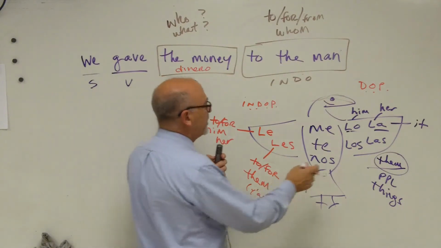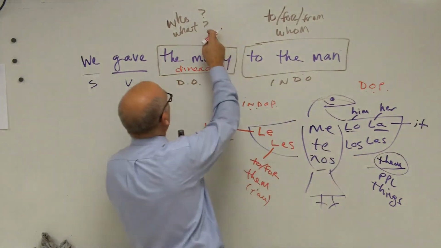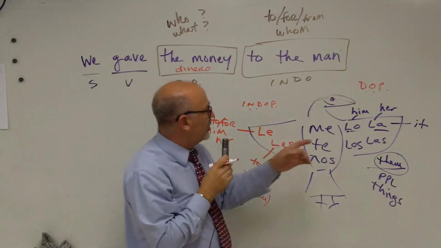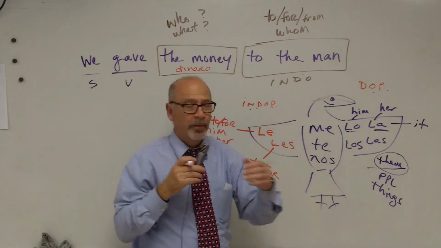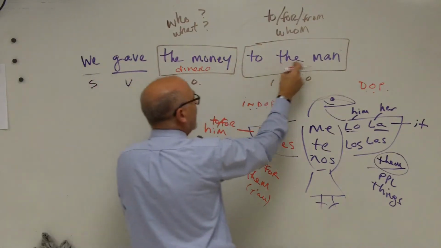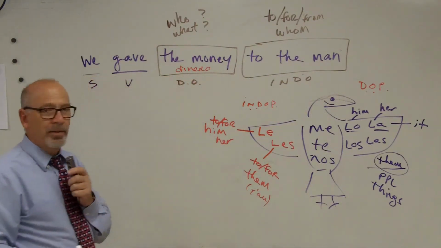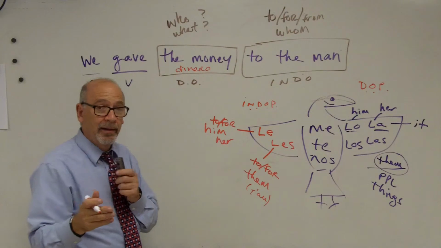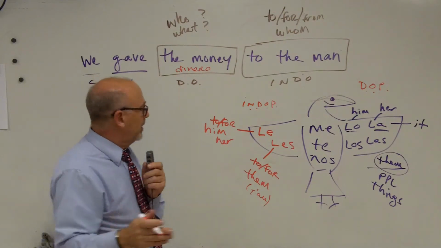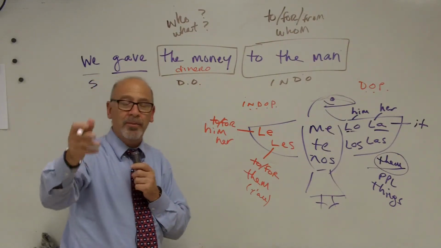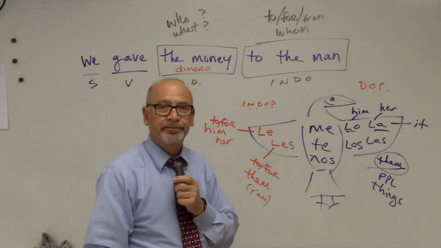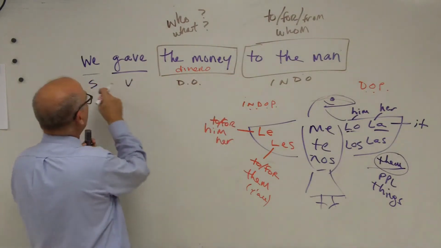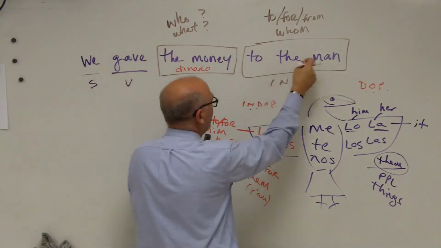So what this does is this side answers who or what, and we know that we can change money to it, which is lo, because it's dinero. But if we want to say to the man, what are we going to pick? This shouldn't be too bad. We don't want to say to the man. We want to say to him. One word. That means we gave the money to the man.